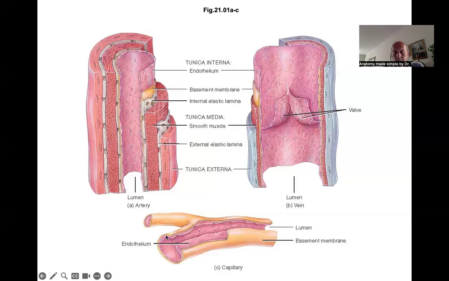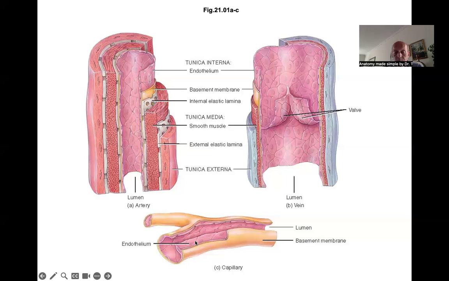And you can see right away, it only has one layer, a simple single layer of endothelial cells, making a smooth inner surface, enabling blood to flow without any resistance or turbulence. And these endothelial cells appear to be attached to a very simple basement membrane. So the walls of capillaries do not have muscularis, do not have an external coat or external tunic.